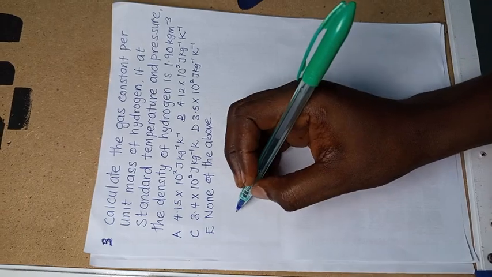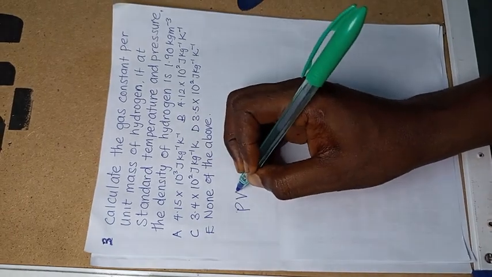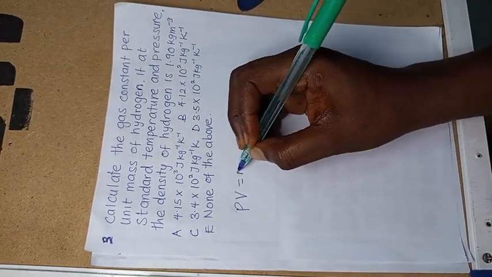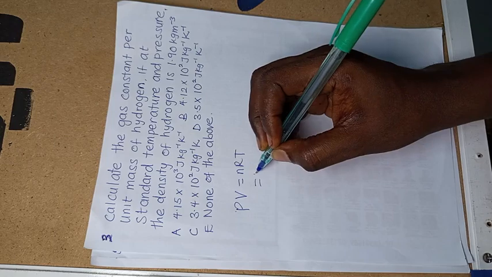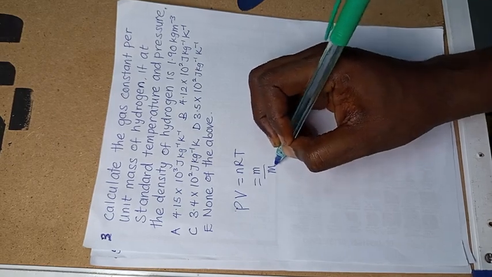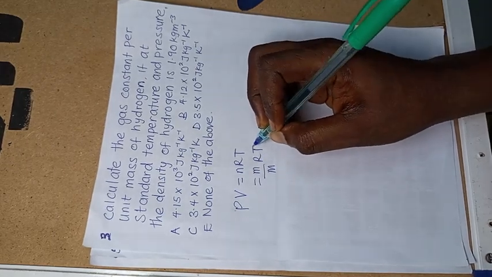Calculate the gas constant per unit mass of hydrogen if at standard temperature and pressure the density of the hydrogen is given. Now what I want to do here is to solve a problem. We are going to use the formula PV equal to nRT, knowing fully well that PV equal to mass over molar mass times RT.